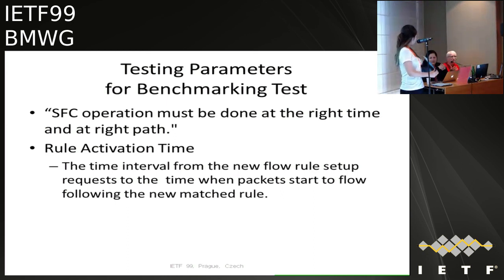So it would be like a rule failure ratio, sort of like a loss ratio. Yeah, thank you. So the rule activation time we checked is the time interval from the new flow rule setup request to the time when packets start to flow following the new rule.